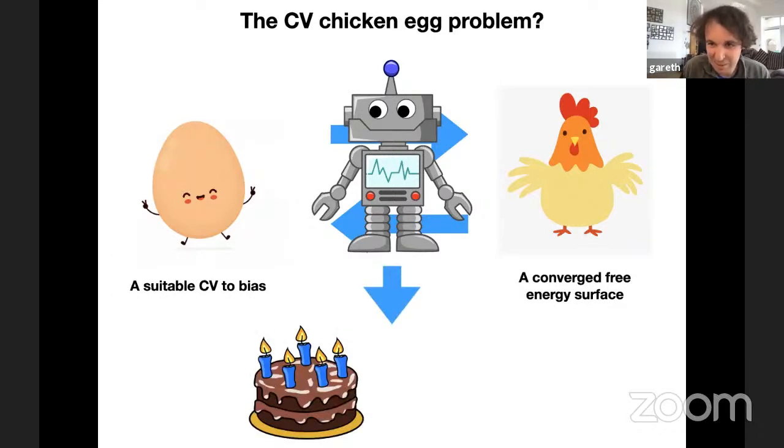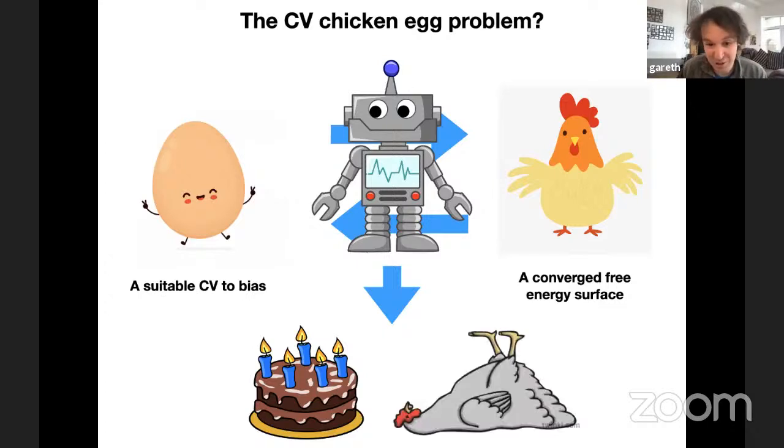And sometimes cakes have egg in them, but sometimes they're also vegan cakes. Okay? So there's a danger that you go off, you do all this machine learning stuff, and you get out something that you don't really understand at the end of the problem. And if you don't really understand it, there's a good chance that you'll kill the chicken whilst you're at it.